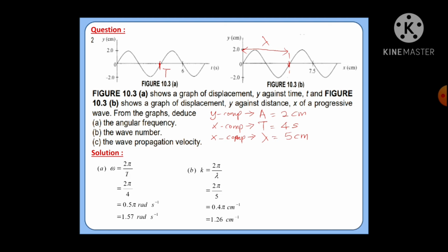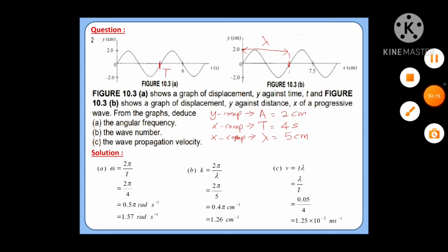When you substitute the wavelength, you will get the wave number, which is 1.26 per centimeter. For the wave propagation velocity, we use the equation v equals f lambda. Substitute the wavelength and the period, and you will get the wave propagation velocity equal to 1.25 times 10 power of negative 2 meter per second.